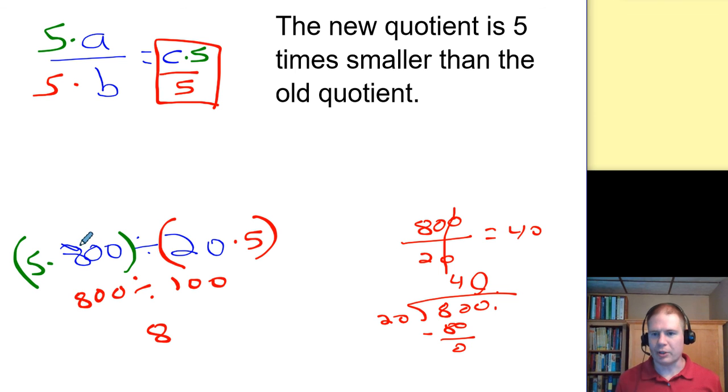Well, 5 times 8, that's 40, otherwise known as 4,000. 20 times 5, that's 10 tens, that's 100. So 100 goes into 4,000 40 times. No remainder. That's in the tens place, so I need my placeholder 0 here.